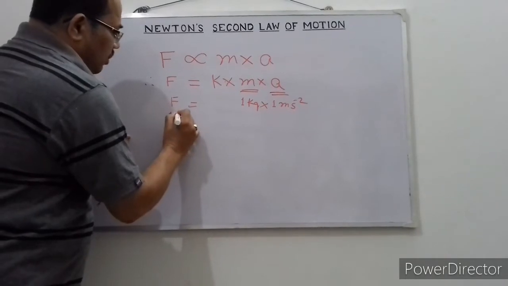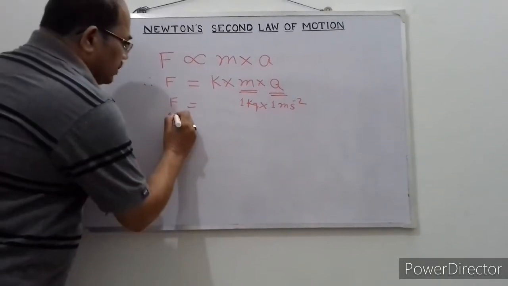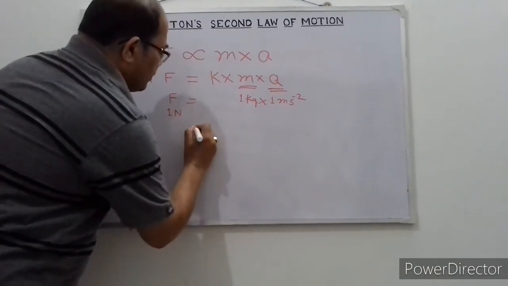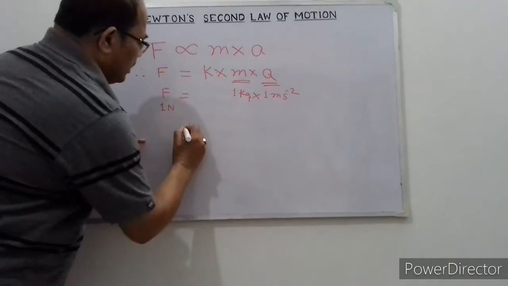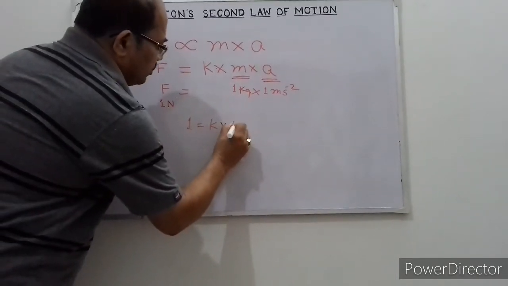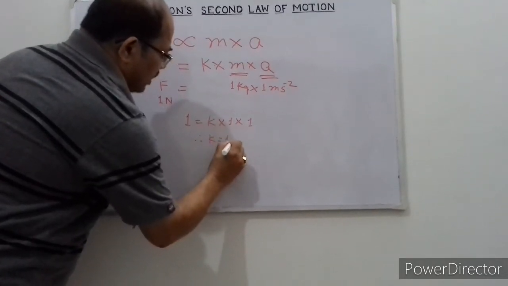Here it is called 1 unit, and in SI it is called Newton. So in that case, the value of k is 1, because 1 equals k into 1 into 1. That means k equals 1.